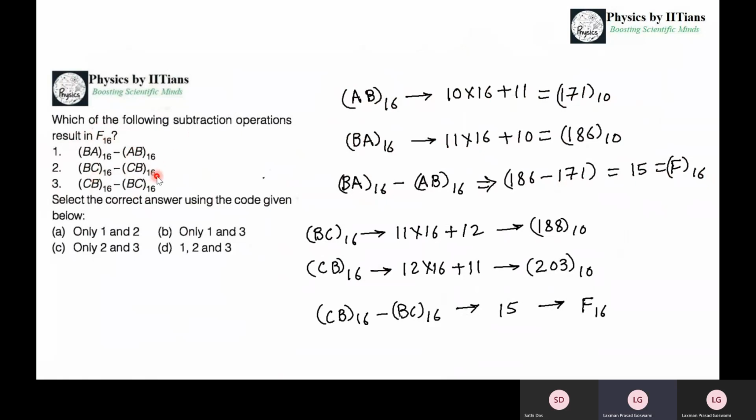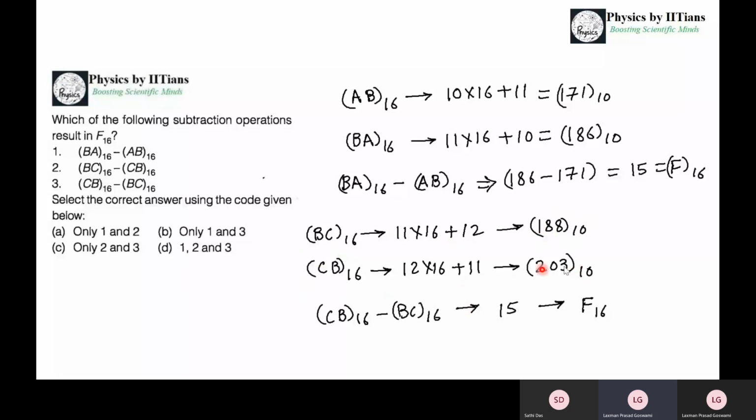Now next, BC minus CB. So BC in the hexadecimal number system is equivalent to 16 into 11 plus 12. So this will be 188 in the decimal number system. Similarly, CB in the hexadecimal number system will be equivalent to 203 in decimal. So BC minus CB will not give us F, as BC is smaller than CB, but CB minus BC can give us.